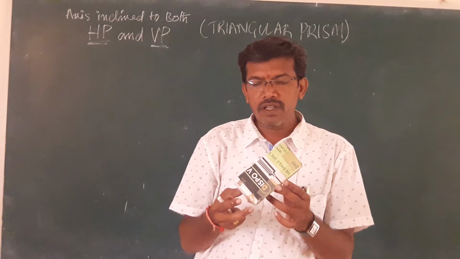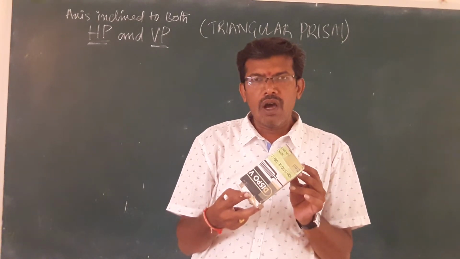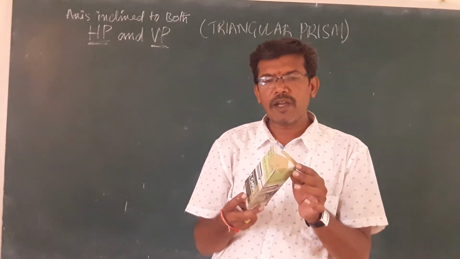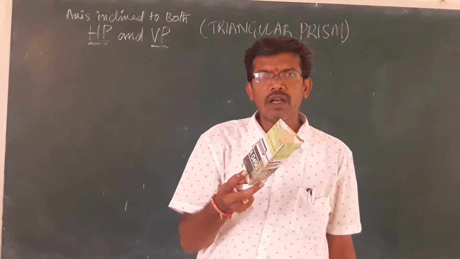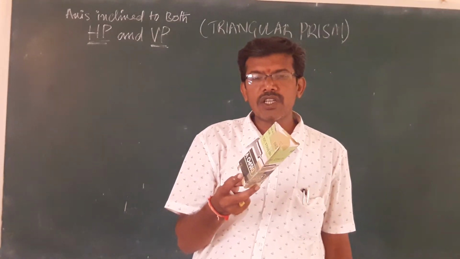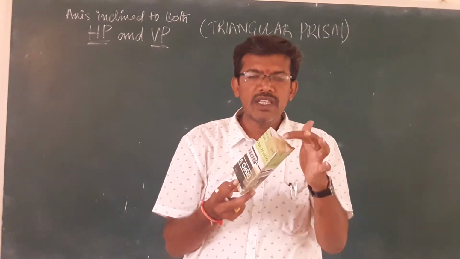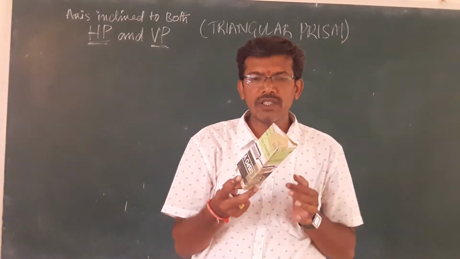And next, after making inclination with the horizontal plane, if I make inclination with the vertical plane, what is happening? Which are the visible faces that you can see? You can see this face, this top surface, and also this face. Is it clear?